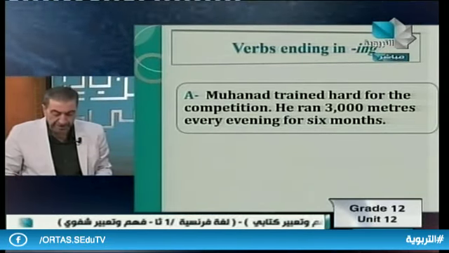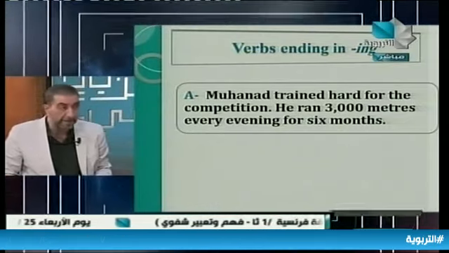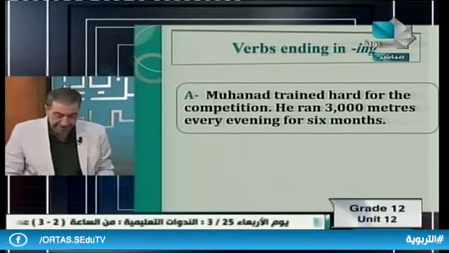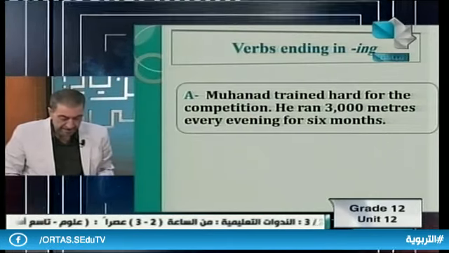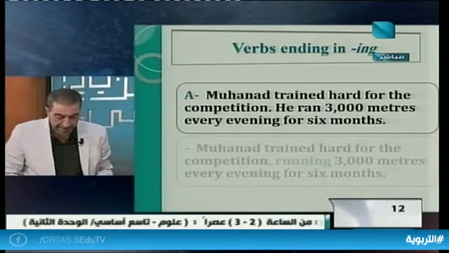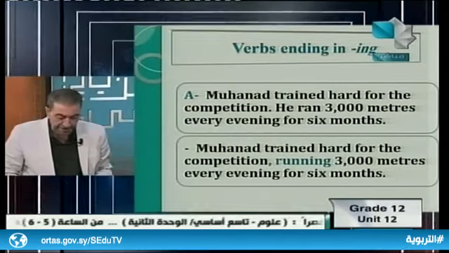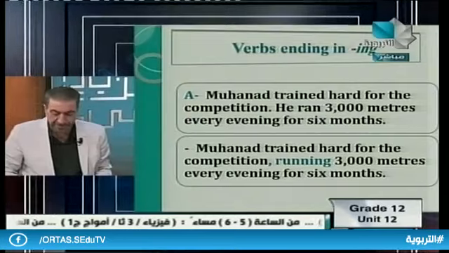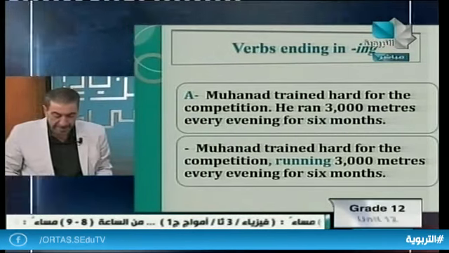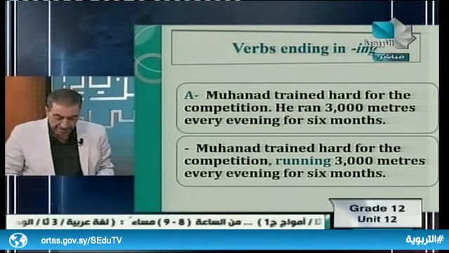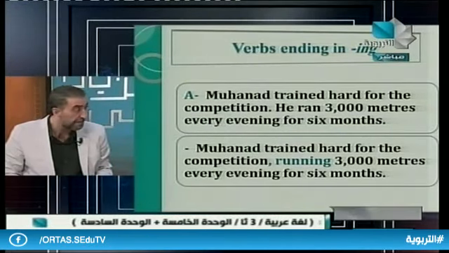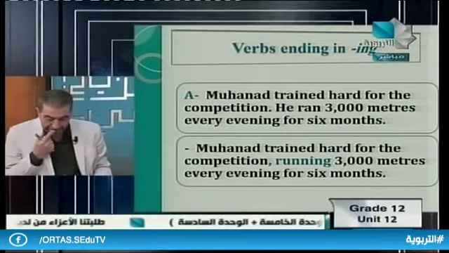We shouldn't forget that we have to double the last letter, N. The sentence is like that: Muhannad trained hard for the competition, running 3,000 meters every evening for 6 months. Also, we shouldn't forget to use a comma before the first verb in the second sentence, which is running.